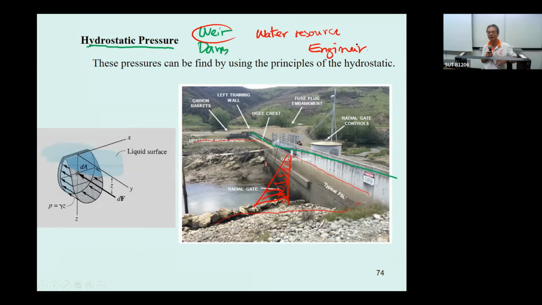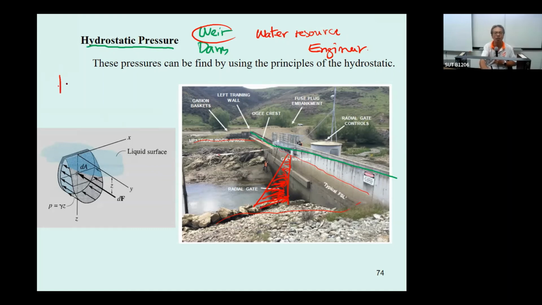So in civil engineering, we don't focus only on buildings. Don't have that misconception. There is the weir, there is the dam, there is the water retaining structure, or even the retaining wall. You guys are supposed to consider those. And the loading that acts on this kind of structure is going to be complicated.